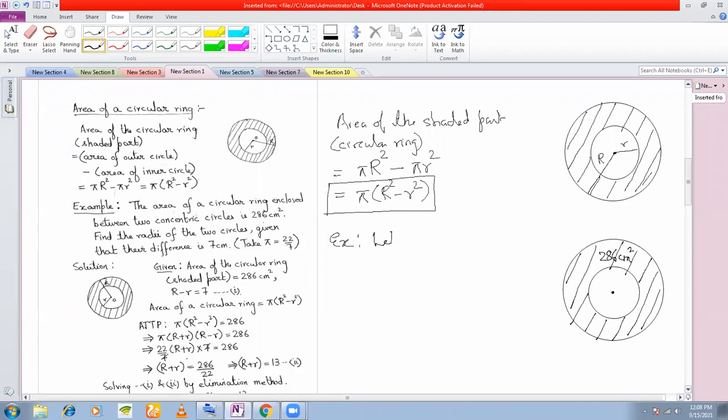So I start by saying let the radii of the inner and outer circles be small r and capital R respectively.